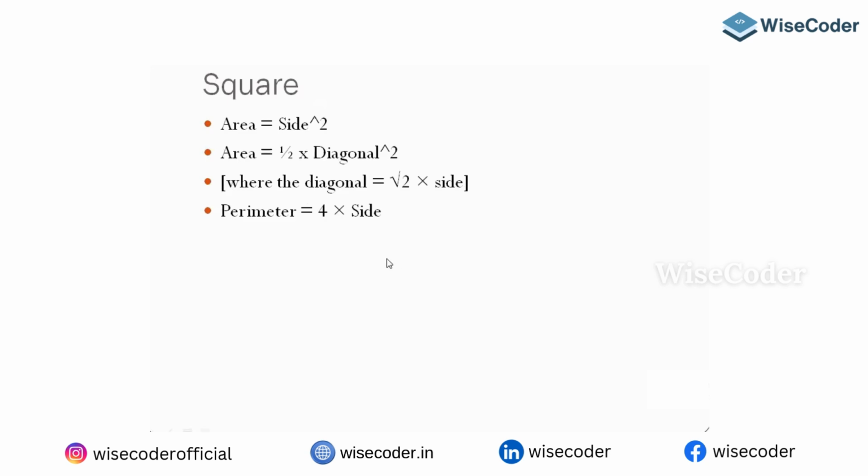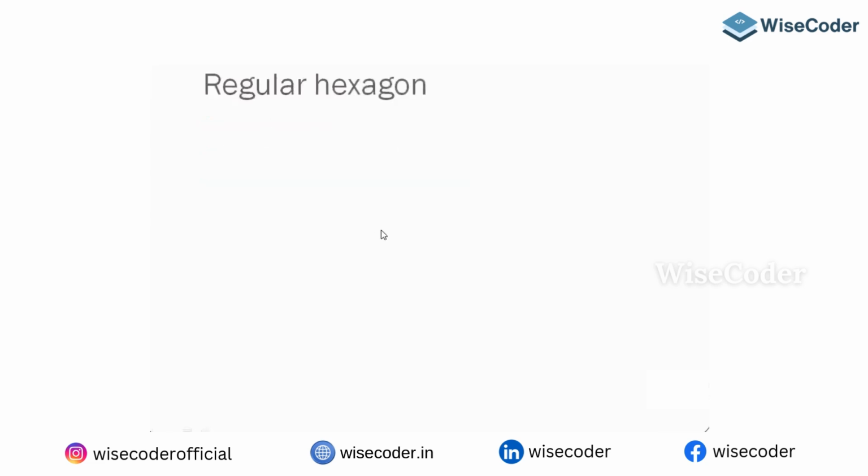Now let's talk about a regular polygon. The regular polygon area formula is what? The area is equal to 3 root 3 by 2 side square. And what about the perimeter? The perimeter is equal to 6 into side, because here you get a regular hexagon with 6 sides, so that's why 6 into side.